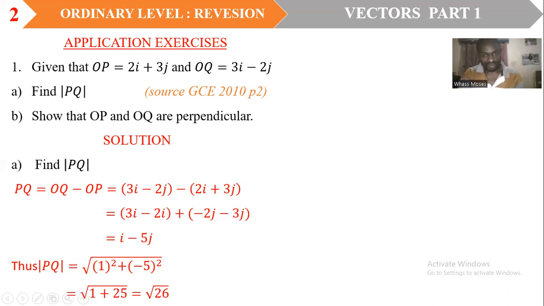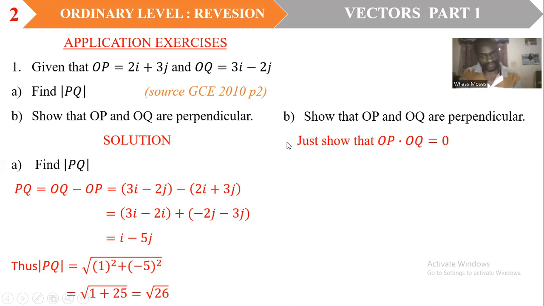We move to the B part, which says show that the vectors OP and OQ are perpendicular. For us to show this, we just need to show that the dot product of the vectors OP and OQ is equal to 0. We start by evaluating the dot product. The dot product of OP and OQ is 2i plus 3j, dot, 3i minus 2j.